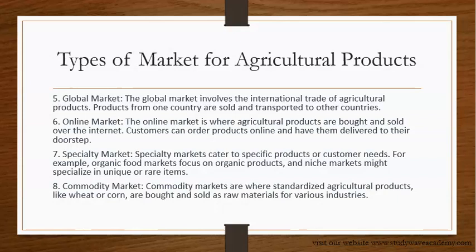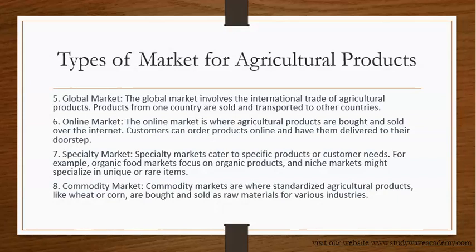Then the online market. The online market is where agricultural products are bought and sold over the internet. Consumers can order products online and have them delivered to their doorstep. Specialty markets.